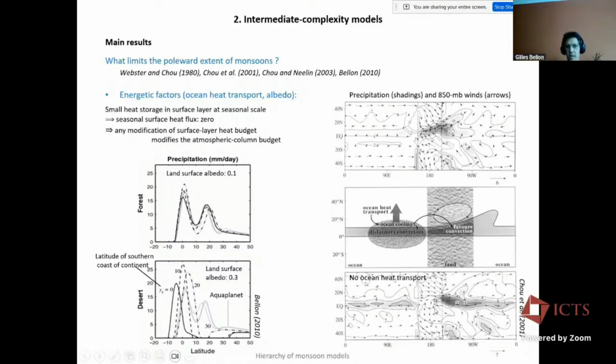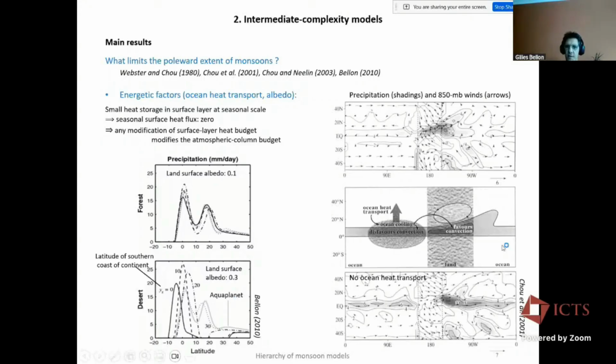And down below, you can see what happens if there is no heat transport in the ocean. The precipitation moves to settle over the ocean, so there is no monsoon anymore.